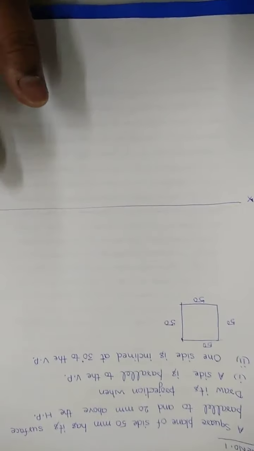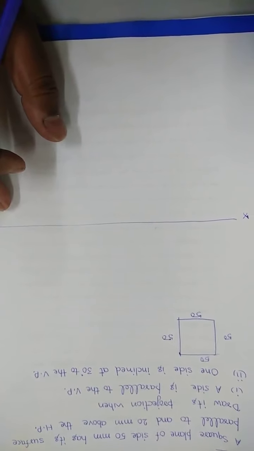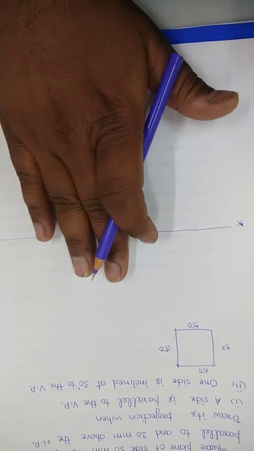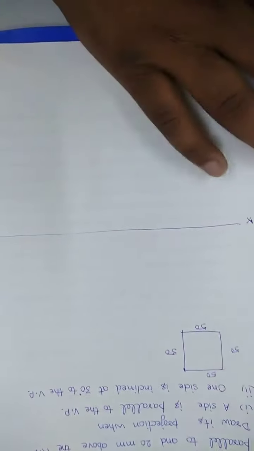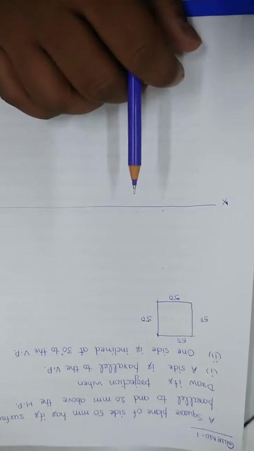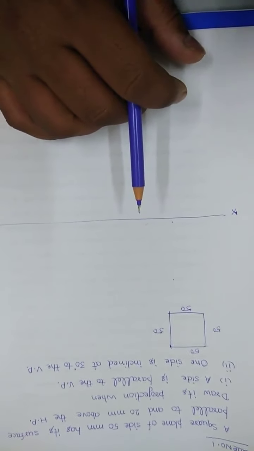This we have been doing. So first of all I have to draw a reference line, and after that, I am told the square plane has a 50 mm side, has its surface parallel to and 20 mm above the horizontal plane. So if it is above the horizontal plane, then you get its view 20 mm above this reference line. And whatever you get from the top view, you will get the square only. So first of all we will try to make the square.